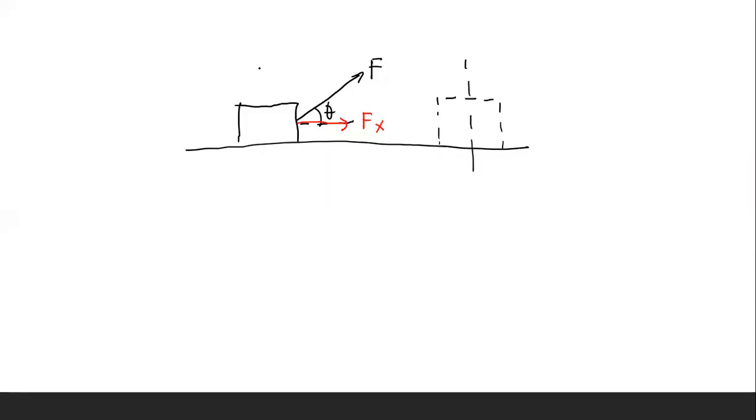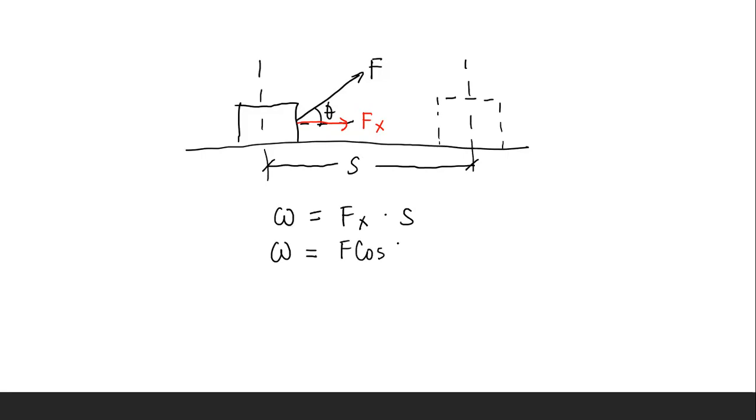This one is the displacement. Now, the work for this given figure is equal to Fx times S. Remember that your Fx is under the Cartesian coordinate. Therefore, that is F cosine theta times S.